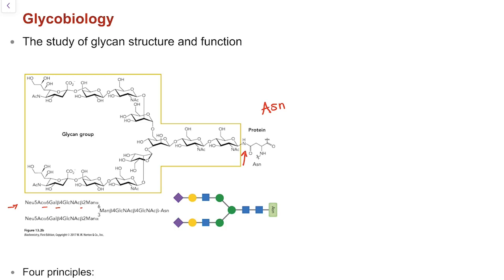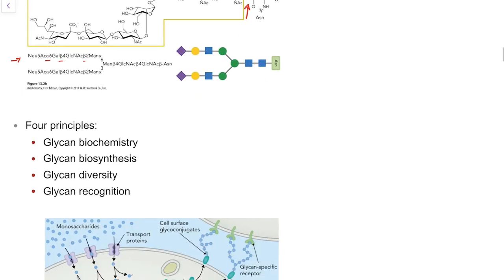Or we can simply use those kind of cartoon shorthand colored shapes to show what carbohydrates are being attached and then which ones are being modified from their typical structure. So you don't see the glucose here, but we do see galactose, and then we see the modified glucose of glucosamine. So those are both being shown there.